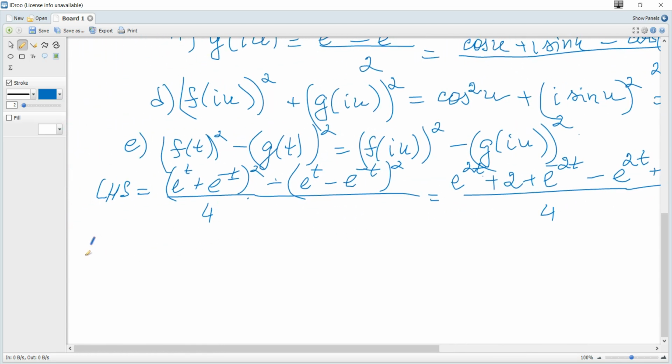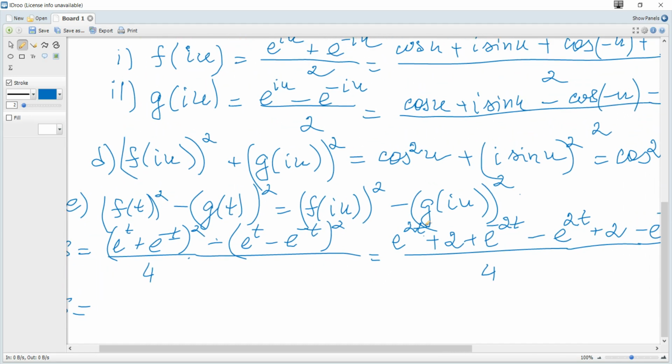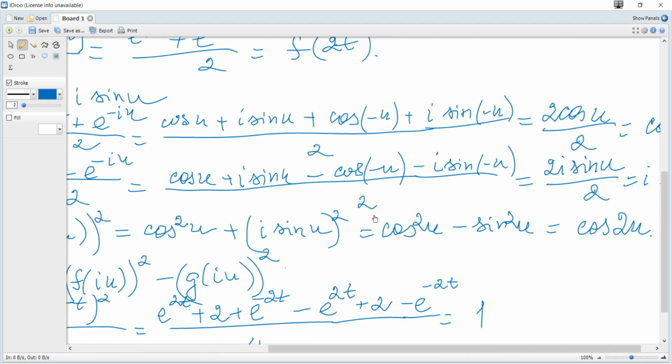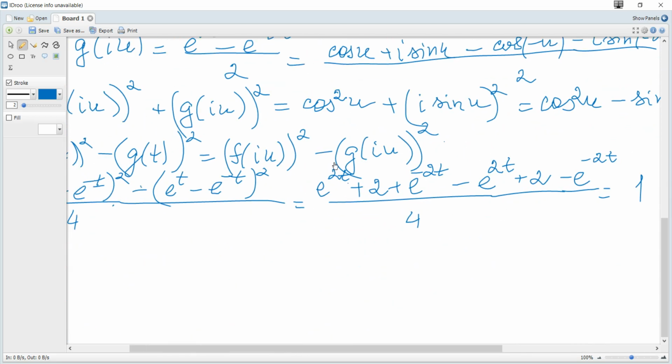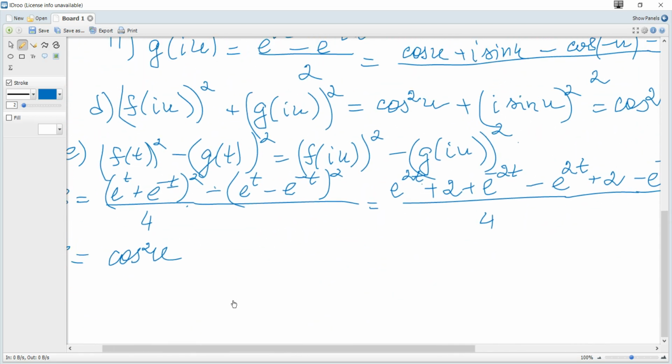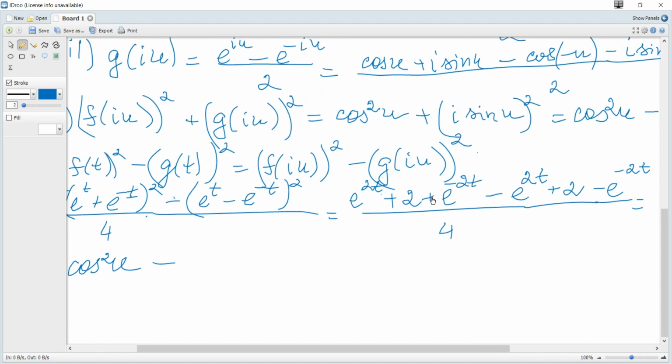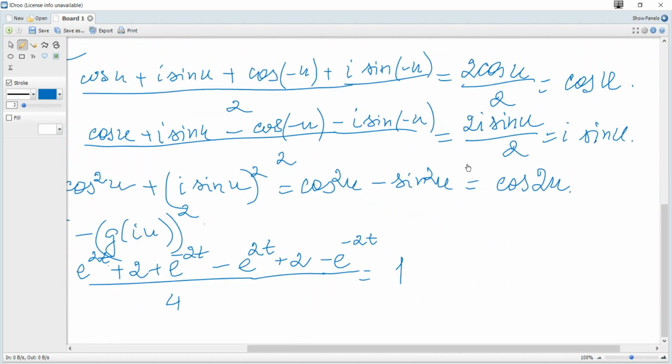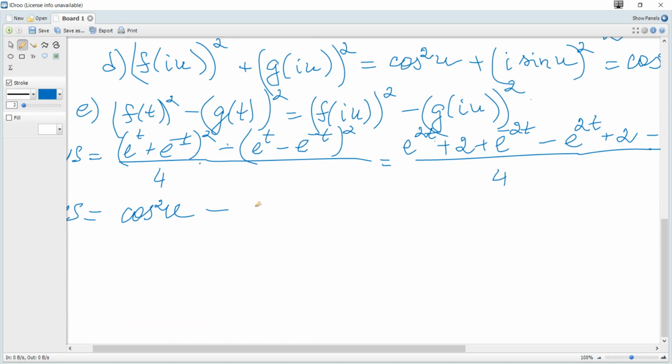And let's consider the right hand side. The right hand side becomes f of iu squared, it's cosine squared of u, and minus g of iu squared, it's i sine of u squared, and it becomes cosine squared of u plus sine squared of u, which is 1.